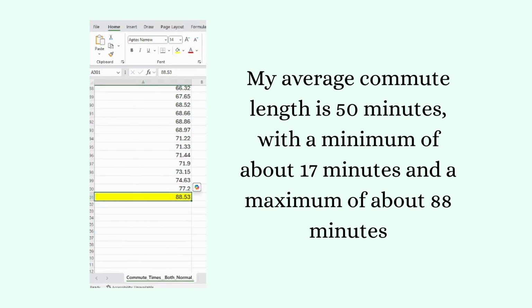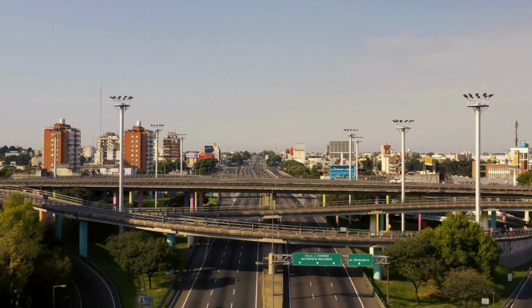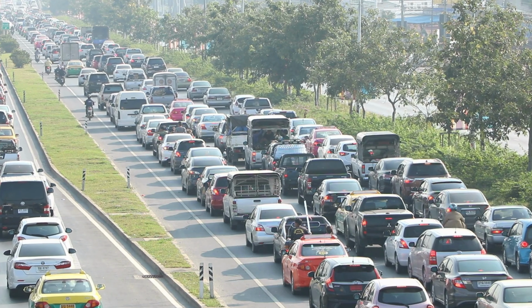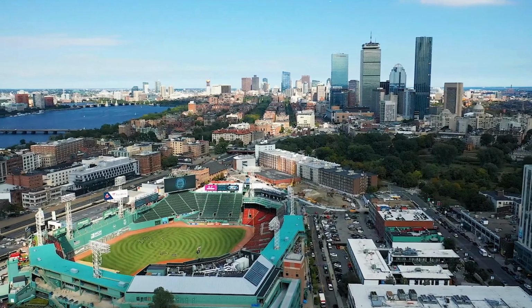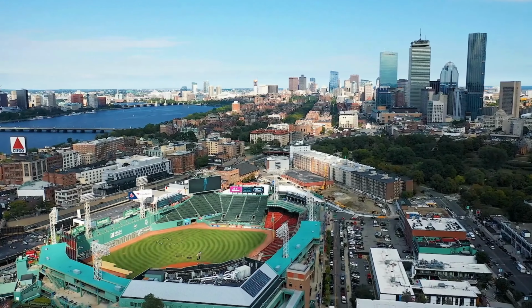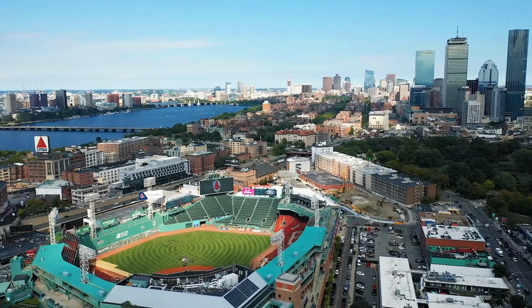I now know the central tendency of my commute data, but with such a wide range of possibilities, if one day my commute takes me 20 minutes and on another day it takes me 80 minutes, that doesn't do much to help me plan. Side note, if this range of commute time seems far-fetched, you might never have commuted in the Boston area before.